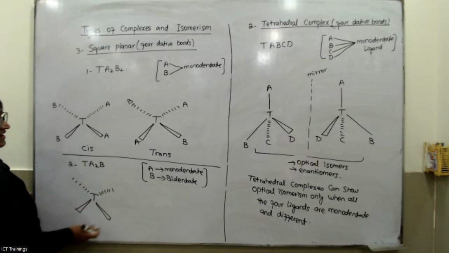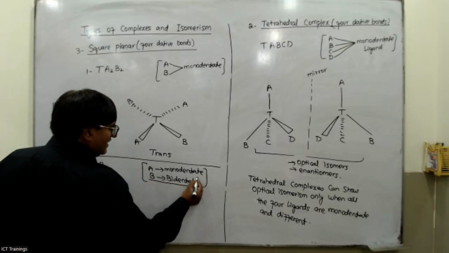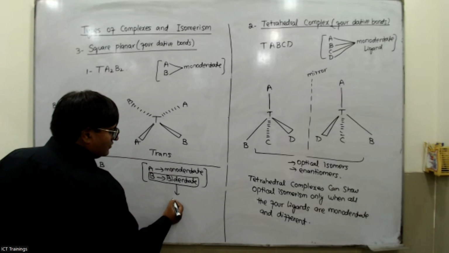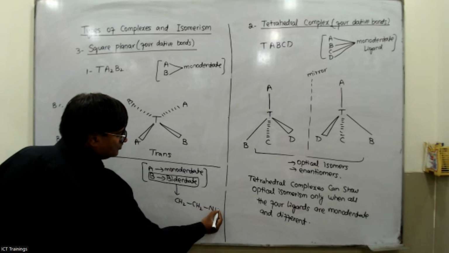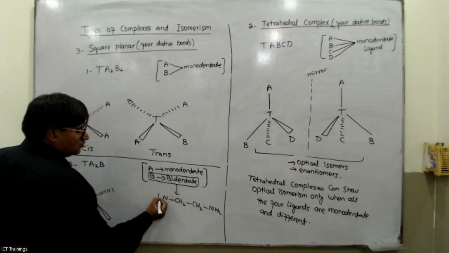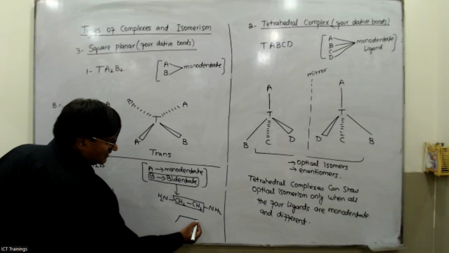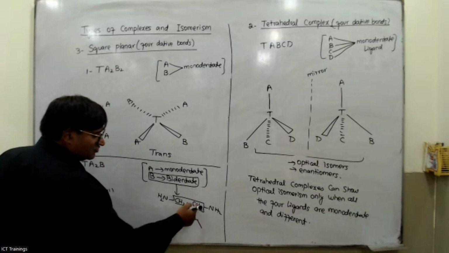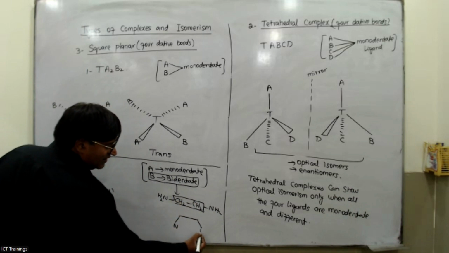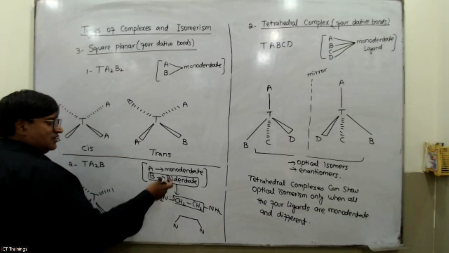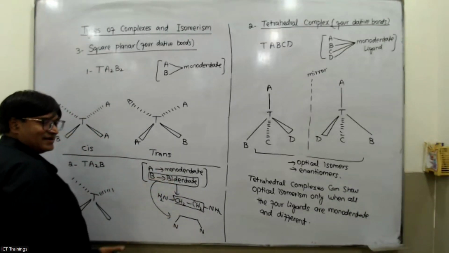The bidentate ligand I'm going to take here is ethane-1,2-diamine, which I told you about earlier: CH2, this is NH2, and this is NH2. The skeletal formula of this one has two carbons at the two corners. The corners contain carbon and hydrogen, and here we write only nitrogen. So this one shows the bidentate ligand.